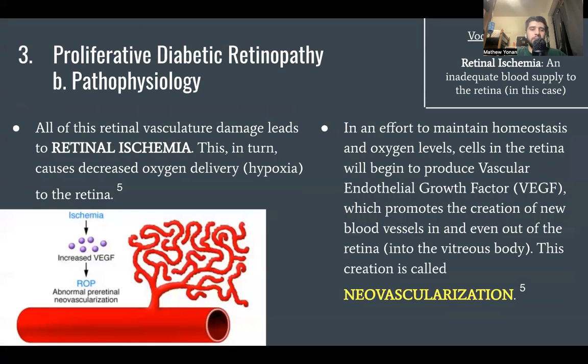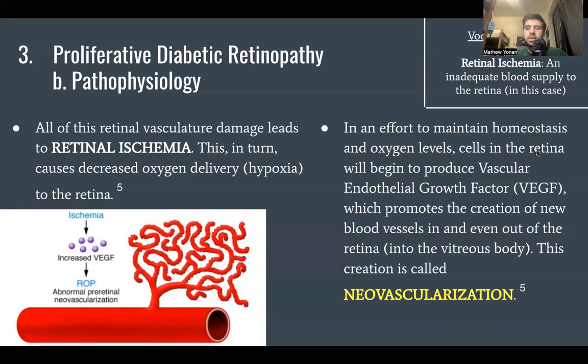So let's talk about the pathophysiology. All of this retinal vascular damage that we've been keeping track of in the first and second stage leads to retinal ischemia. Now, what is retinal ischemia? Retinal ischemia, or ischemia, is an inadequate blood supply to an organ.